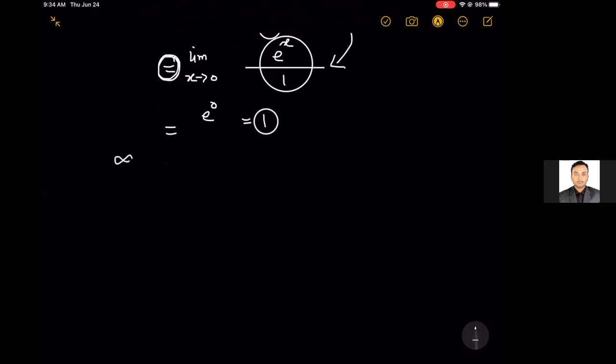infinity over infinity, right? That means when you plug in the value, both the functions could tend to infinity. So it's infinity over infinity. That's an indeterminate form, right? It could be 0 over 0, right? It could be 1 to the power infinity. It could be 0 to the power 0.